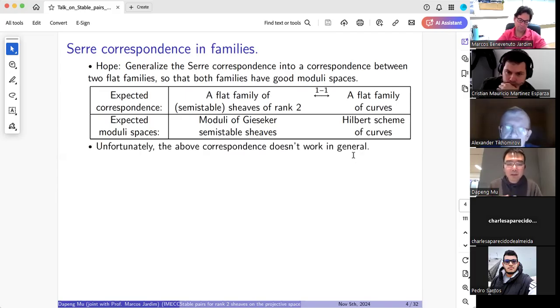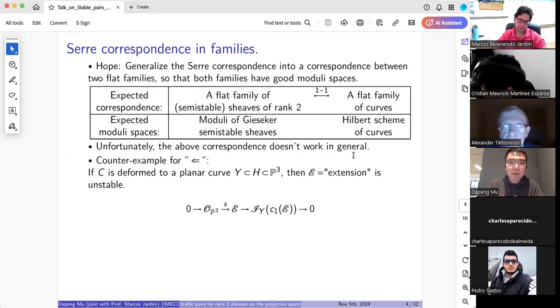But unfortunately, this doesn't work directly. Actually we have counterexamples for both directions. From the curve side to the sheaf side, the trouble is we may start from a curve with a corresponding sheaf whose extension is Gieseker stable. But as the curve is deformed into some planar curve, Hartshorne's criterion says the extension is no longer mu stable, so it won't be Gieseker stable either.